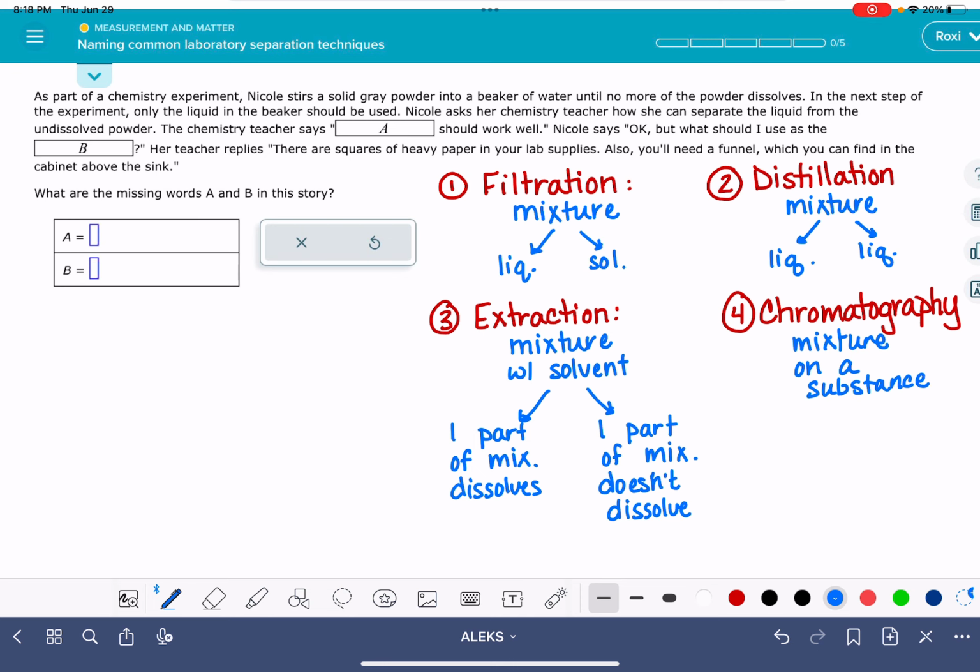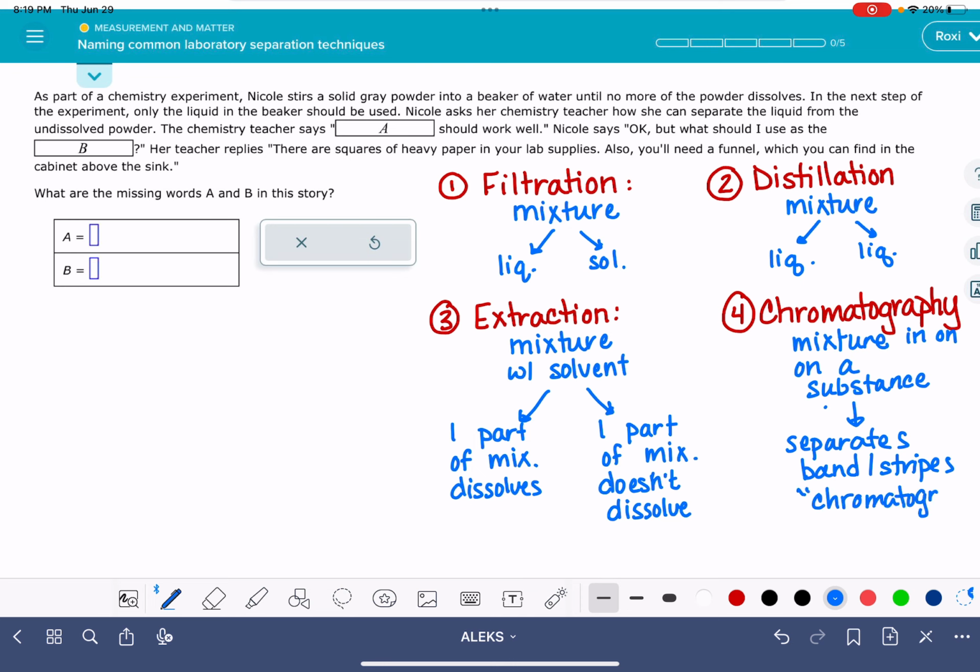It could also be put into a column full of porous substance. So maybe I'll say that a mixture that is in or on a substance, and that mixture separates usually into like bands or stripes that we refer to as a chromatogram.